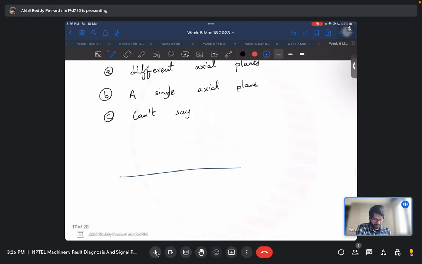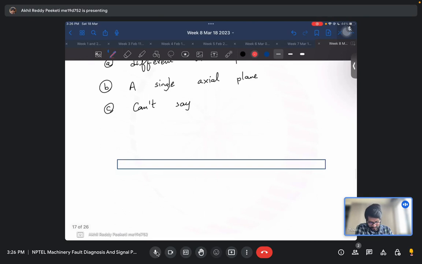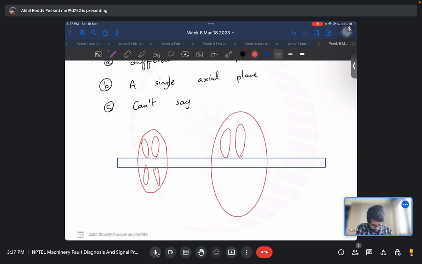So you have a single shaft, but a multi-stage compressor, so it might have one setup here and one more here. And one more setup here.